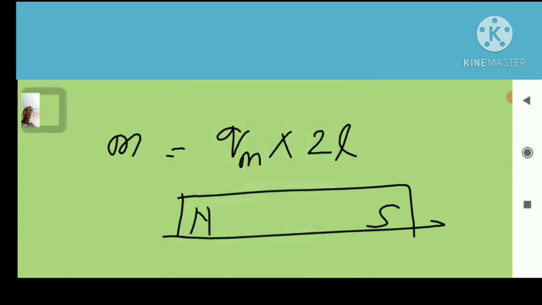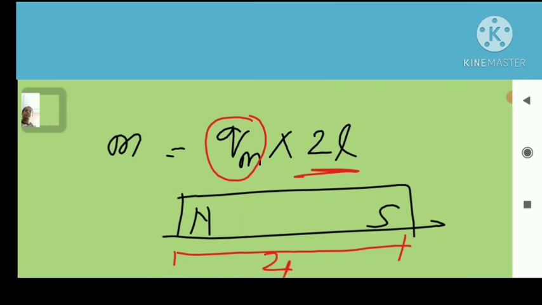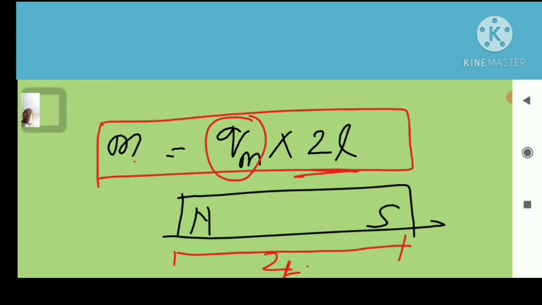So QM is the pole strength and 2L is the distance between the two poles. This is the magnetic dipole moment.